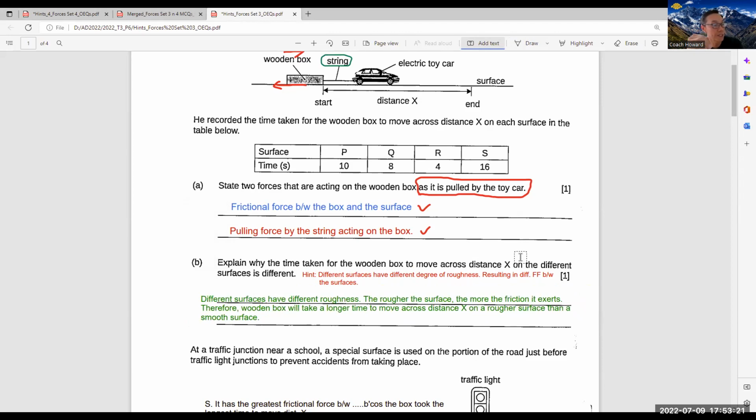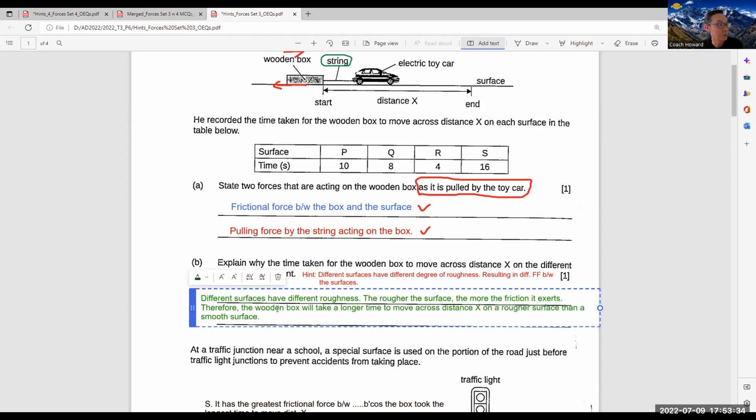The rougher the surface, the more friction it exerts. Therefore, the wooden box will take a longer time to move across distance x on a rougher surface than on a smooth surface. Okay, so we take note of this.